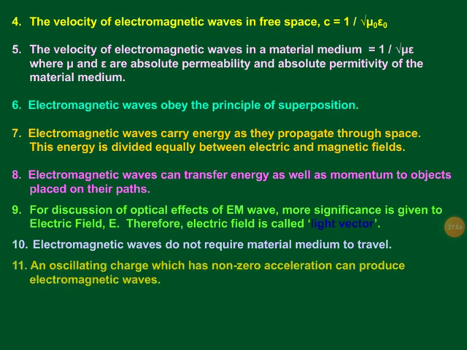So the oscillating charge is the source of electromagnetic waves. Now let's see the Hertz experiment. Actually, I think this Hertz experiment has been deleted from your syllabus, but just to know how electromagnetic waves are produced, let me give you a brief explanation.